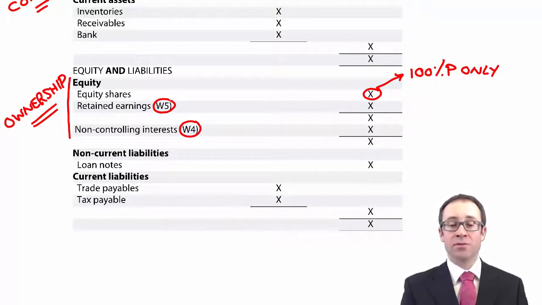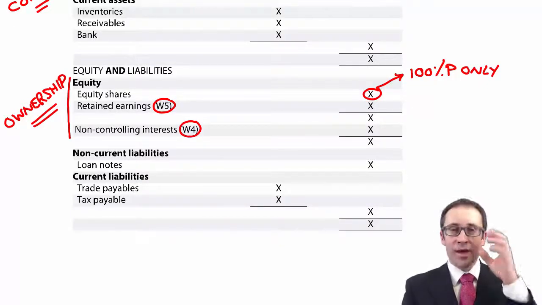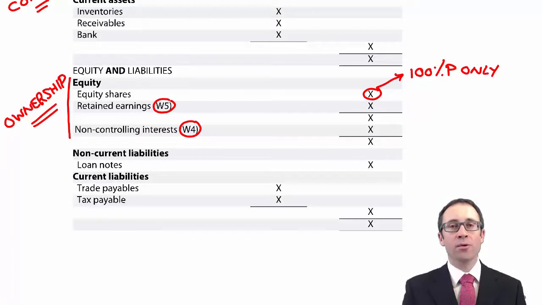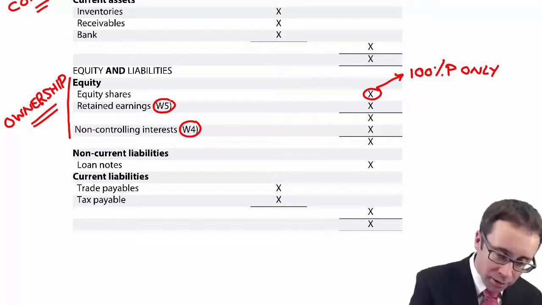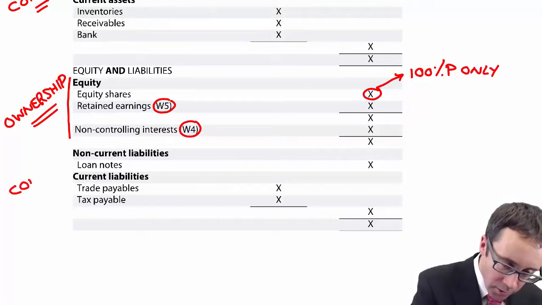Similarly, in terms of your non-controlling interest, that's showing what the NCI own. So they own the non-controlling interest at acquisition, don't they? Plus the non-controlling interest of S's post-acquisition movements. Again, right at the bottom, we still show control, don't we?